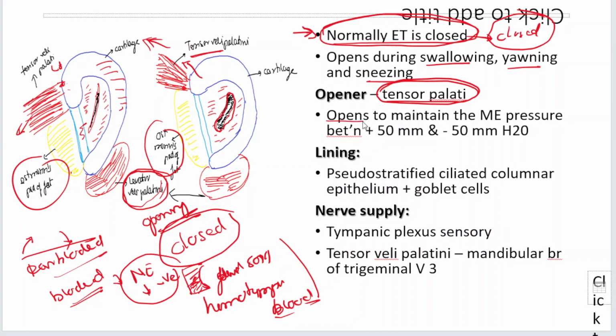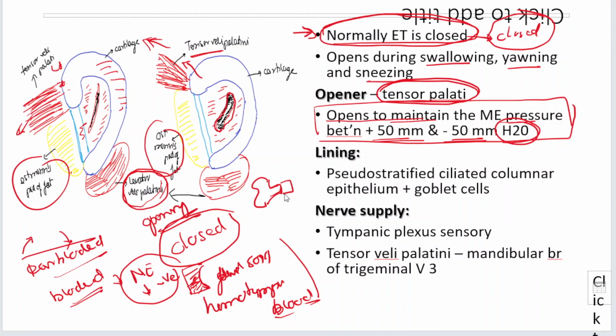It opens intermittently while swallowing to maintain the middle ear pressure between plus 50 and minus 50 millimeter water. So this keeps the pressure on both sides of the tympanic membrane normal. This is the external auditory canal, this is the tympanic membrane, this is the middle ear, this is the eustachian tube. The eustachian tube function is to keep the pressure on both sides of the tympanic membrane normal, so that it can function at its best.